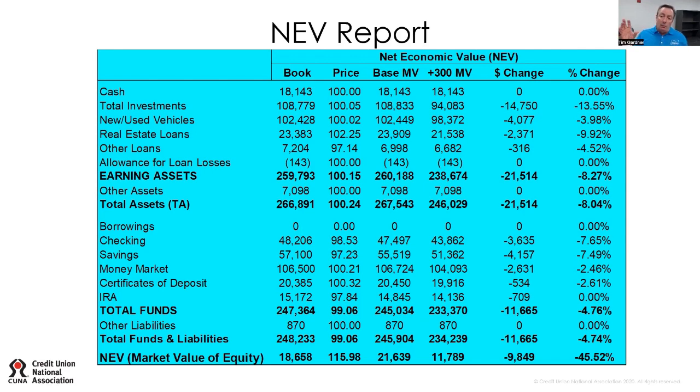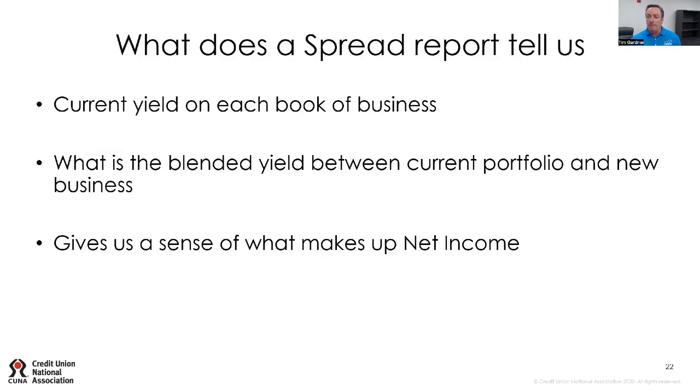So we're going to cover this a lot more in class, but I did want to introduce some of these concepts, especially for the pre-work, since it's recorded and you can watch this multiple times. You can pull out your NEV report for your credit union, maybe try to ascertain what some of those numbers are. We did talk about the spread report.